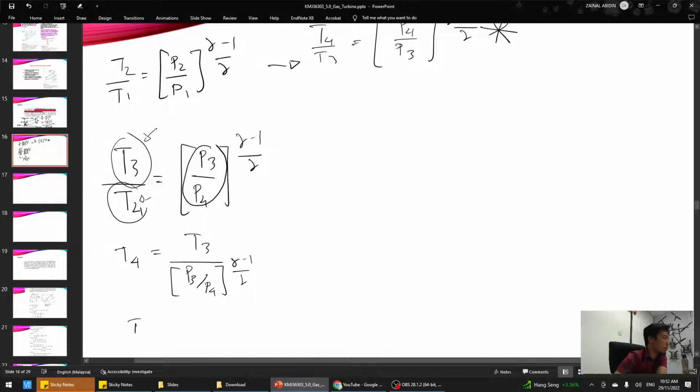So for your T4, plug in all the values: 973, 10 to the power of 0.33 divided by 1.33. So what is T4? Let me press the calculator for you.